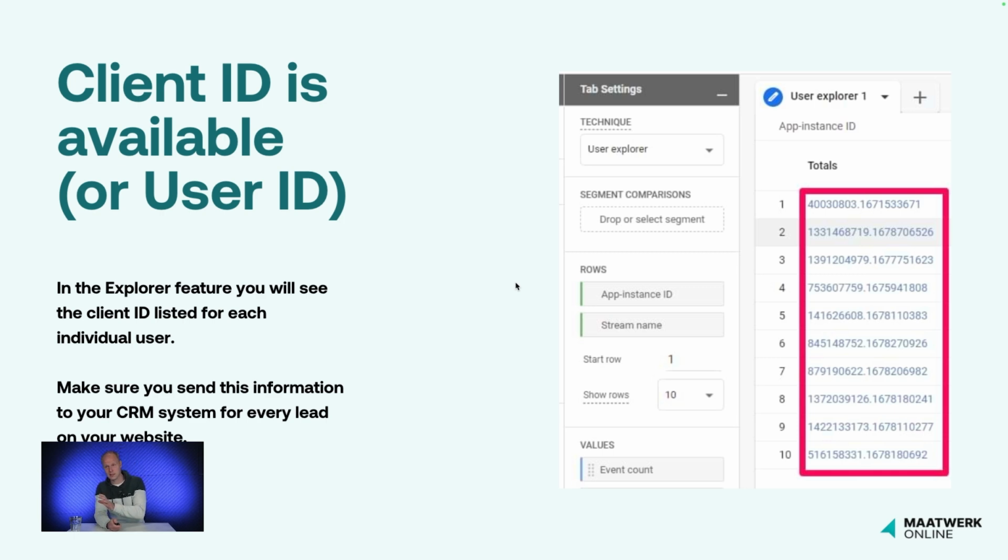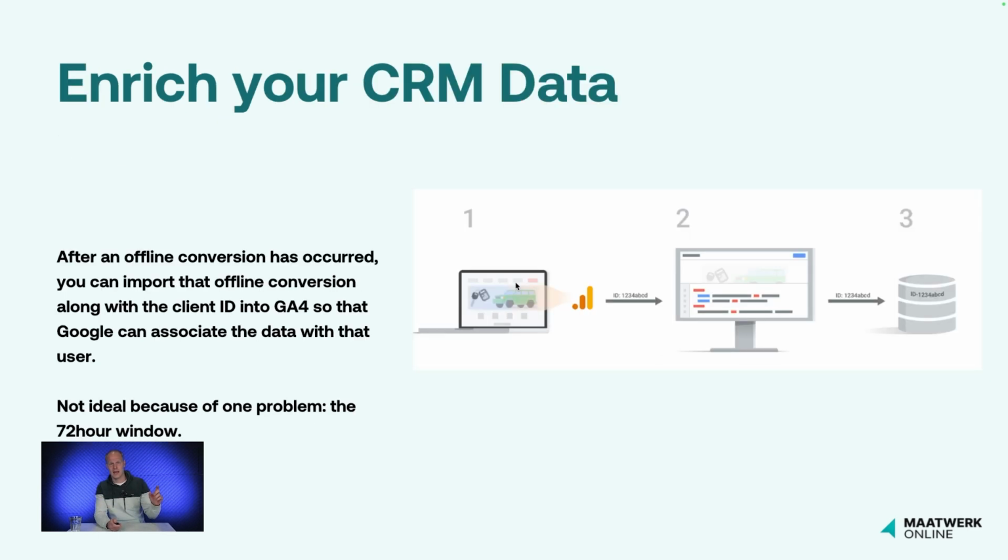And you can send this information to your CRM system for every lead on your website. As soon as that lead becomes a client, you can send that data back to GA4 and they can connect the dots between the client ID and the form that was sent on the website. The only thing is, at this moment, the filling in of the form and becoming a client needs to occur within 72 hours.